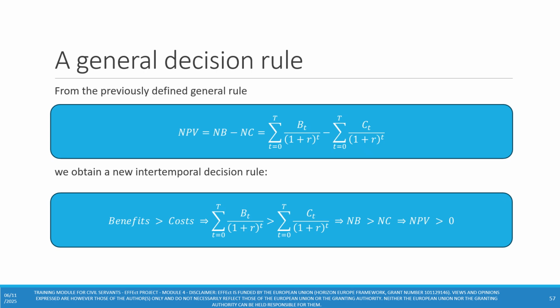Here again, we see that we have used r as the financial discount rate. If we want to apply this to a social setting, we only need to replace the financial discount rate r by its social discount rate equivalent, small s.